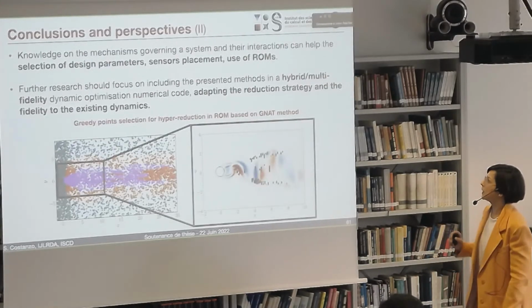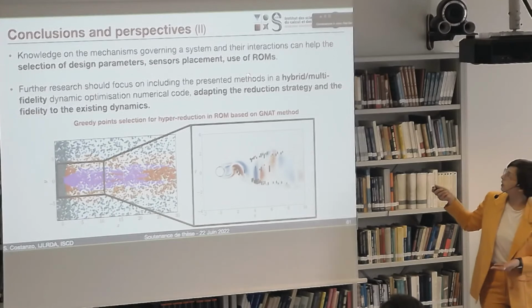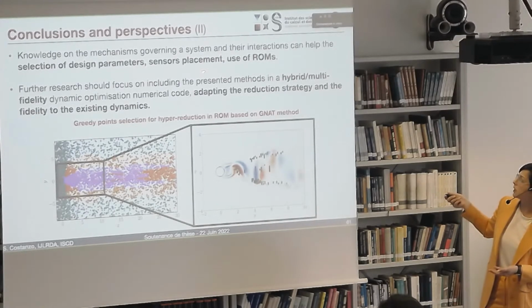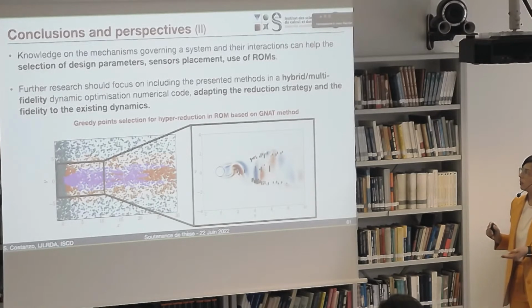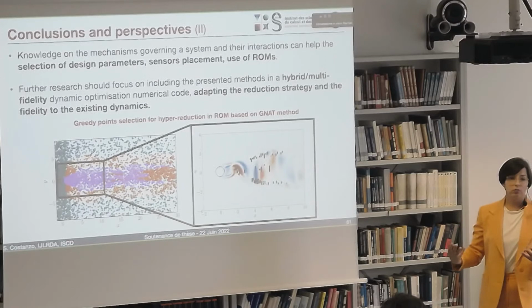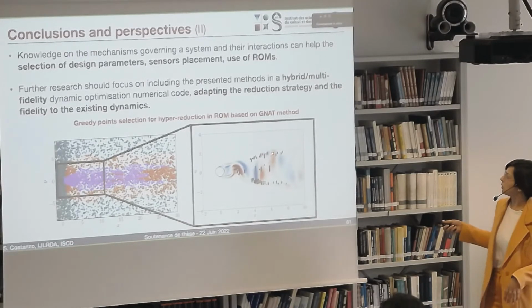And now some perspective. So we said that the knowledge of different dynamics can help the use of reduced order models, selection of design parameters for the optimization, and sensor placement. Here, we investigated a little bit model reduction with the GNAT method. The GNAT method performs hyperreduction, approximating some tensors using greedy points.